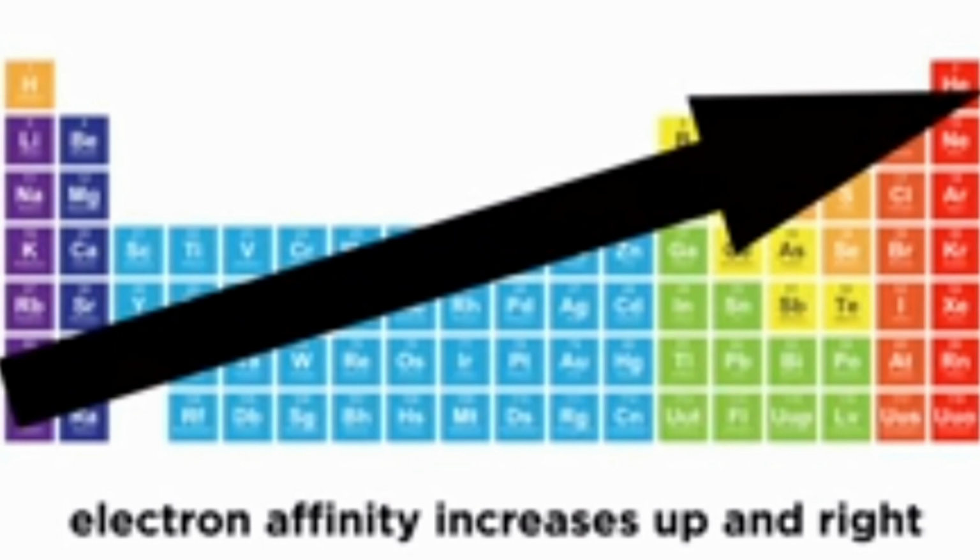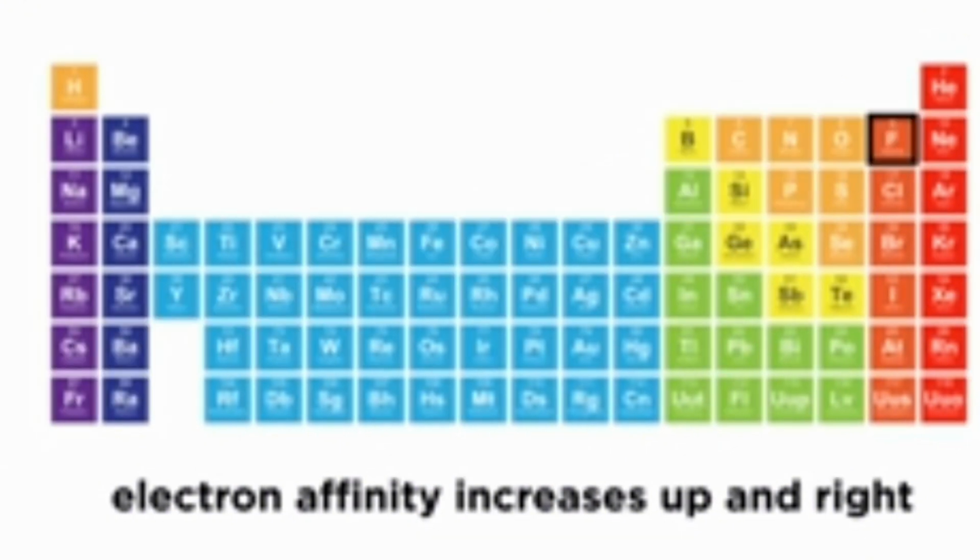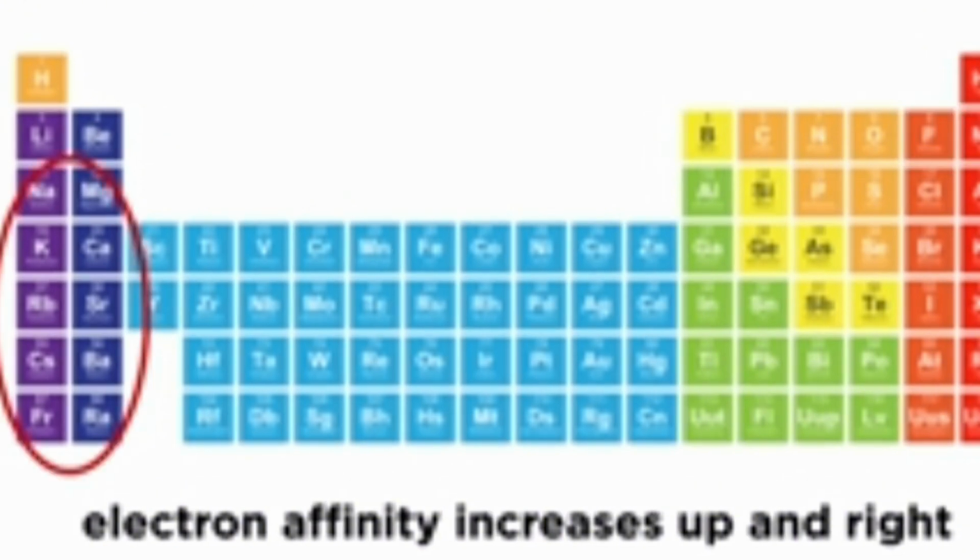Fluorine has the highest electron affinity because if it gains one electron, it will have a full shell or a noble gas electron configuration. Looking at the opposite corner, these elements don't want to gain electrons. They would rather lose them. Exceptions to this trend happen for exactly the same reason as the exceptions to the ionization energy.